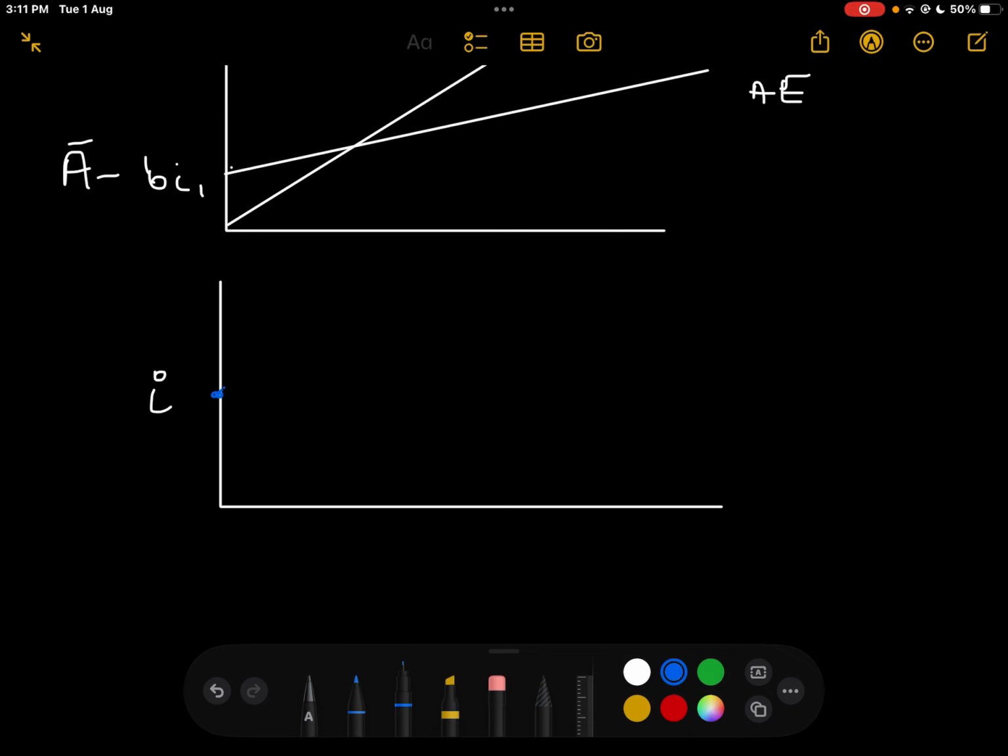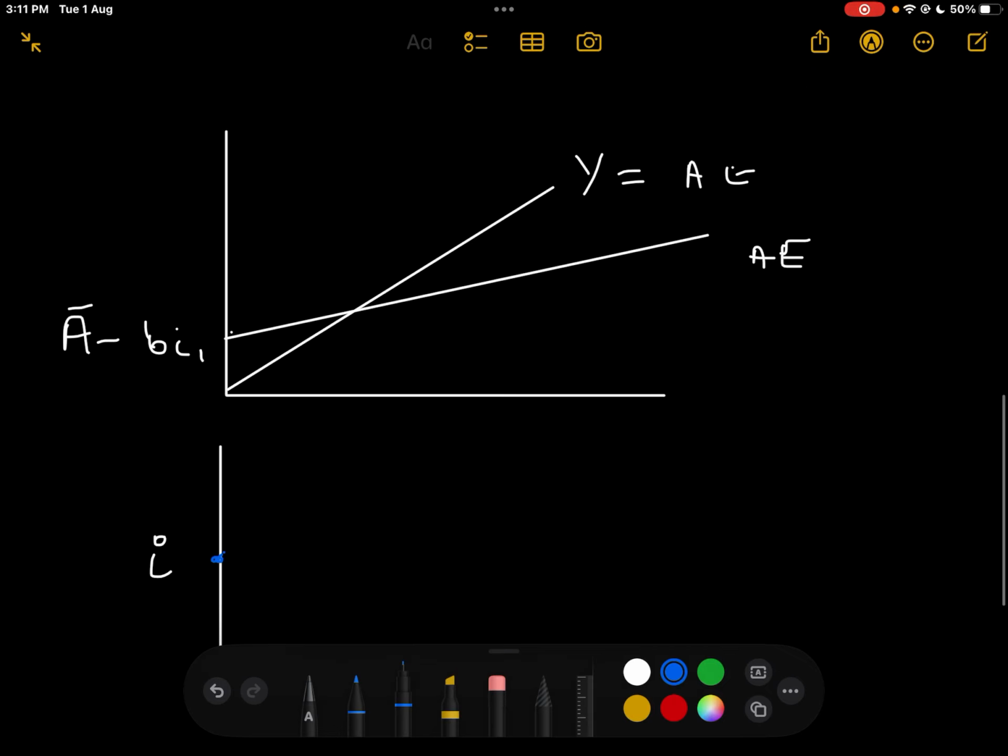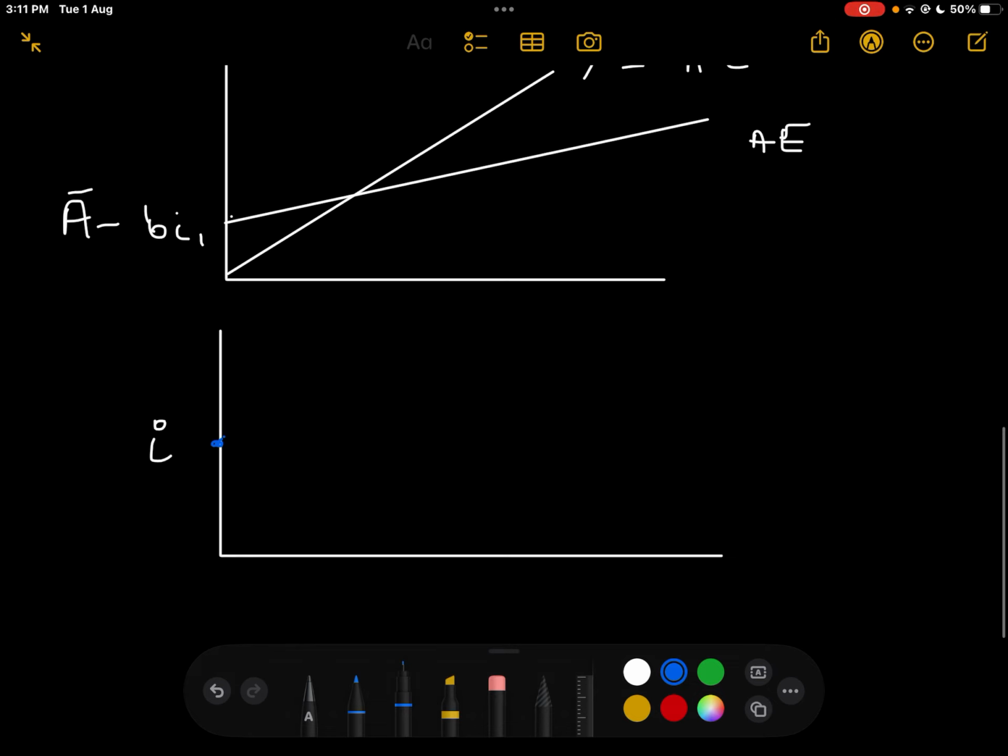Now, at this rate of interest, this is our aggregate expenditure and this is the line of Y equals AE. So here we get our equilibrium point. This is our equilibrium point at interest rate I1.